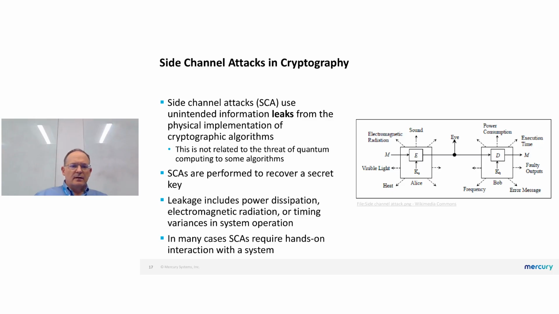I will say that for network connecting devices, timing variances in the system and crypto operations can wind up resulting in timing variances in the response of a system over the network, and in some cases that may be something that's exploitable as well. And that's another reason why timing is an important factor in side channel attacks by adversaries.